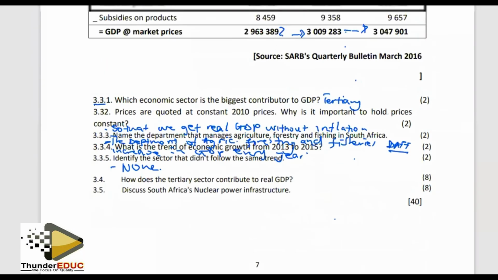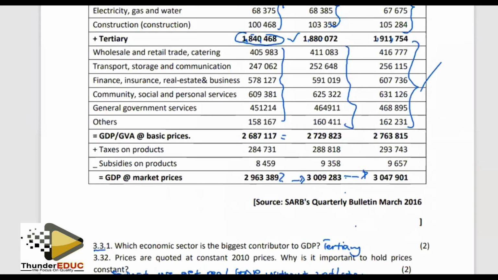We go back here, look at this. Tertiary sector contributes to GDP through wholesale and retail, catering, providing a lot of growth, a lot of money. You can look at these statistics.